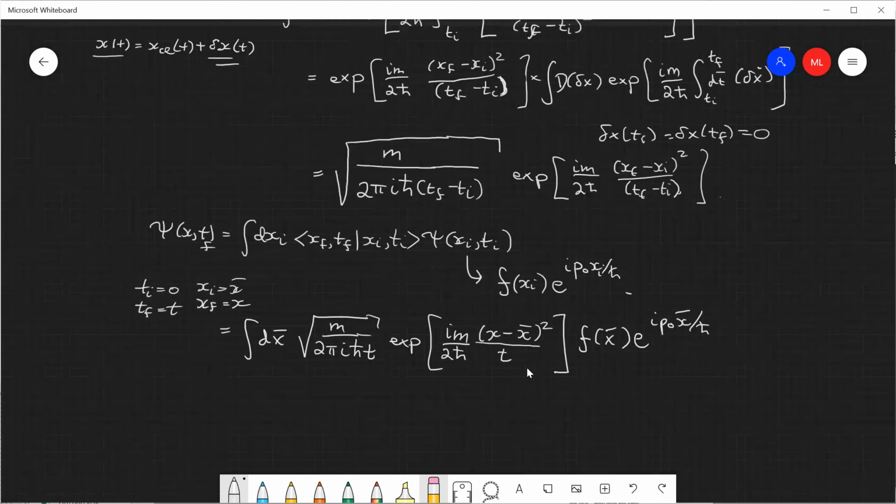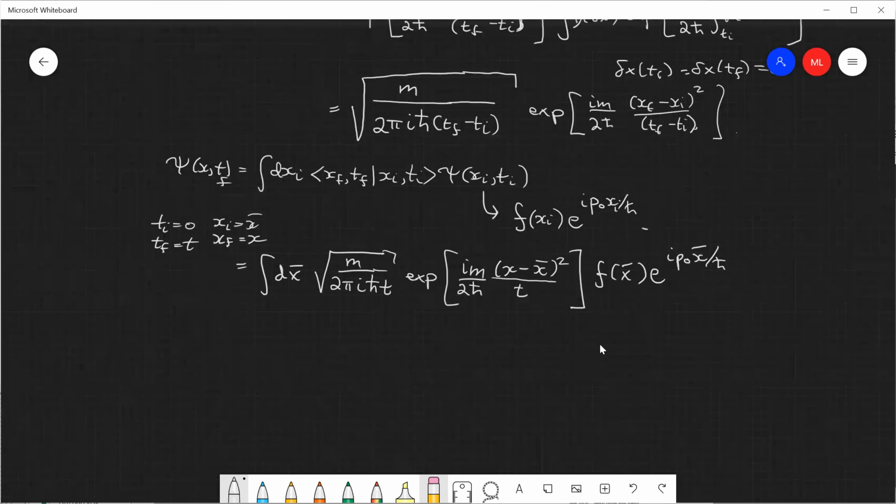Okay, so now we argue that if h bar is really small compared to the rest of this stuff, then the contribution to this integral will mostly come from the place where the stuff inside the exponential is slowly varying, where it satisfies the first derivative test. The first derivative with respect to x bar here is equal to 0, where it's slowly varying.